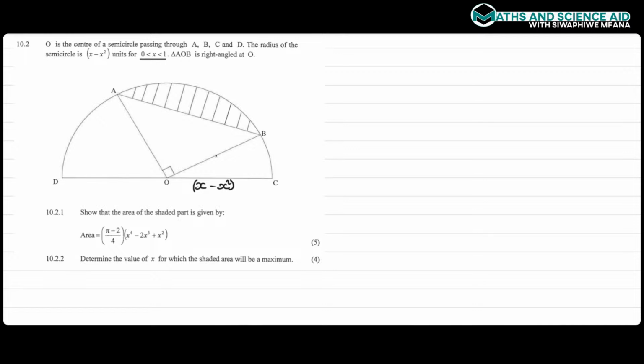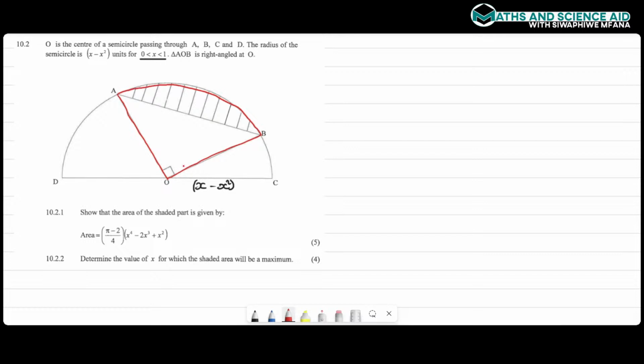Now, another crucial thing to note is this part here, this segment of the semicircle, the segment AOB, let me even note it, AOB.